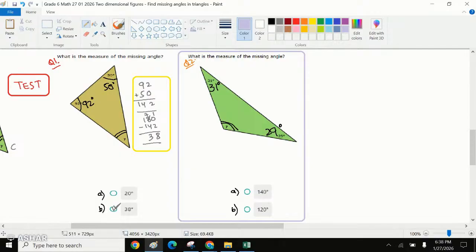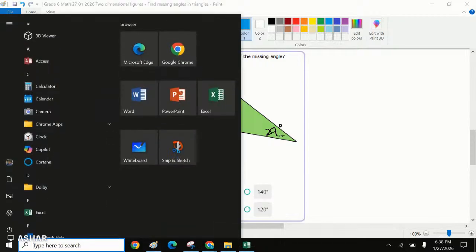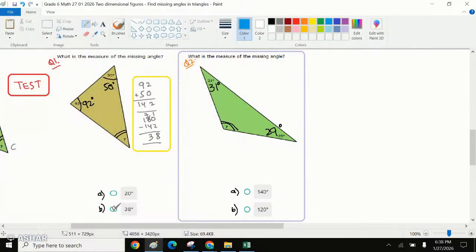So 31 plus 29. Sorry. It says 31 plus 29 is option B.